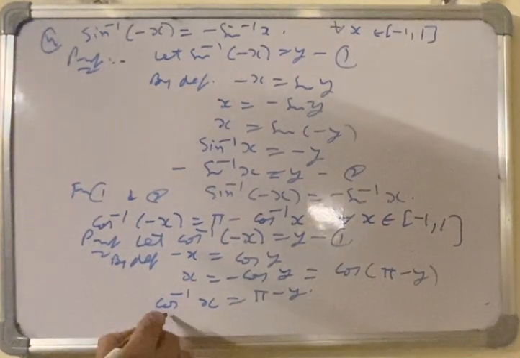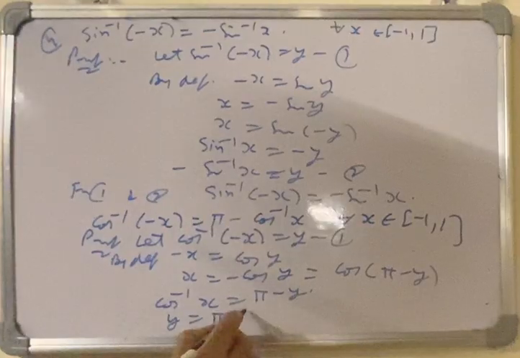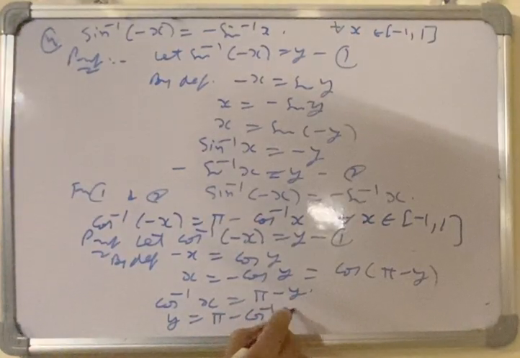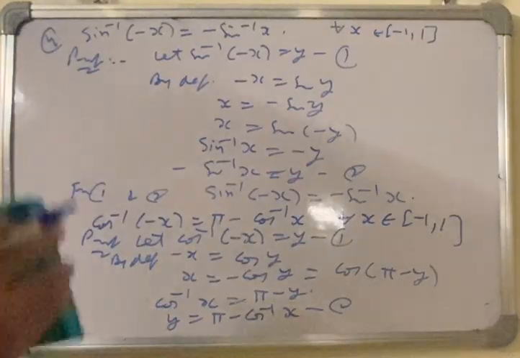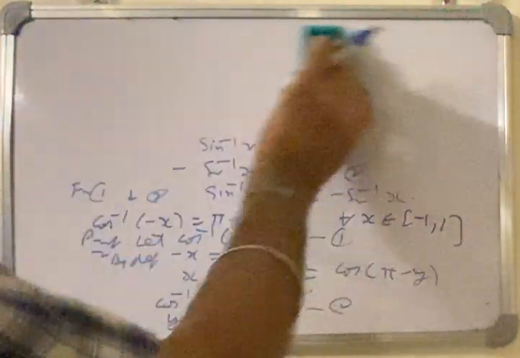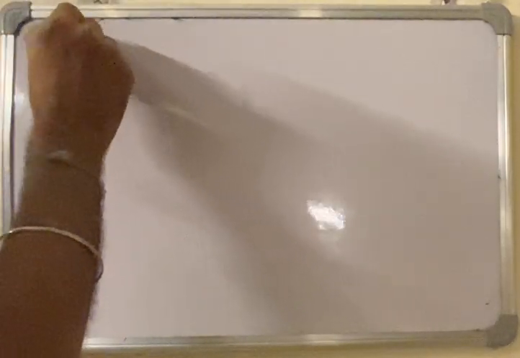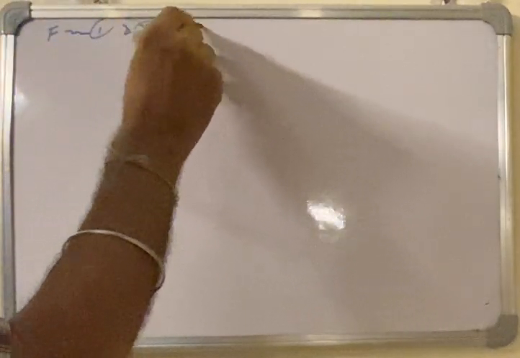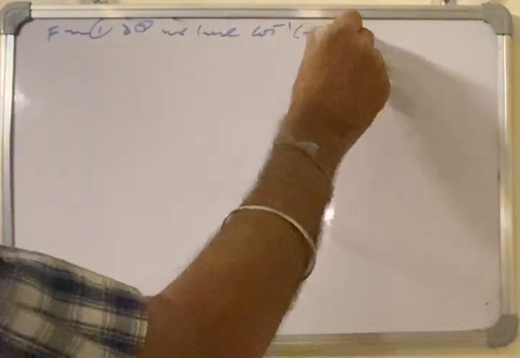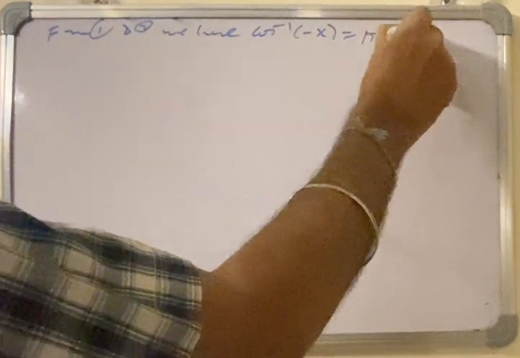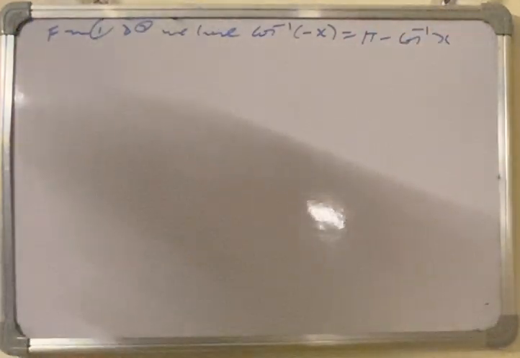Then y is equal to pi minus cos inverse x. This is second. From first and second, we have cos inverse minus x is equal to pi minus cos inverse x.